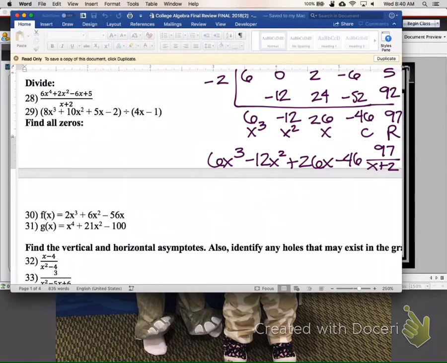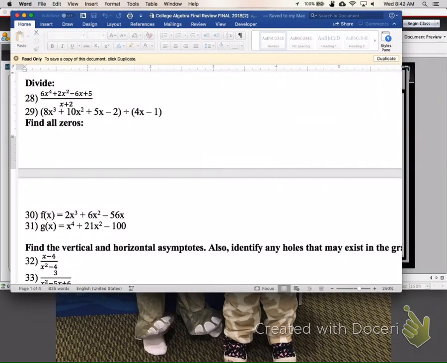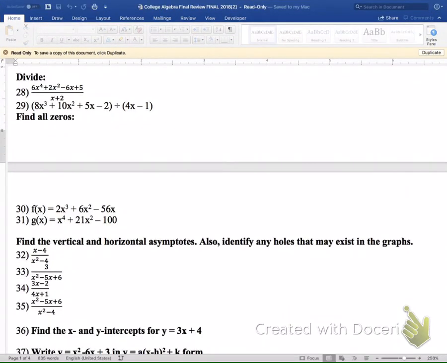32 through 35, vertical and horizontal asymptotes. Quick review of that. How do you find vertical asymptotes? Remember with those, we factor everything and then set the bottom equal to 0 for the vertical asymptotes. So if I was doing 32, you would factor the bottom into what on 32? The bottom on 32 would factor into x plus 2, x minus 2.